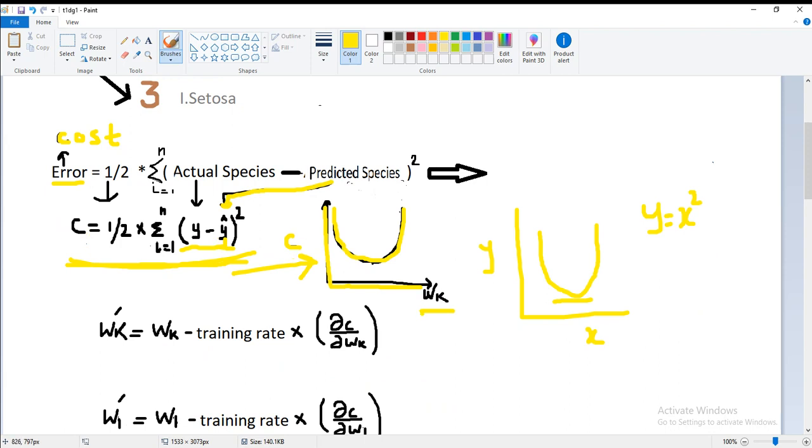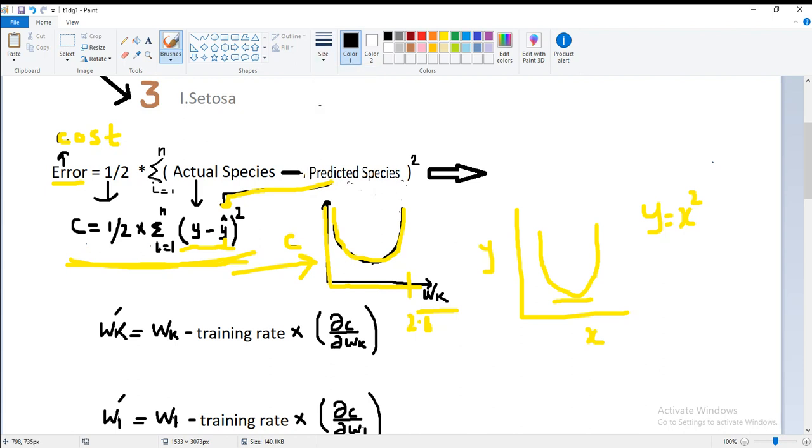And now we need to alter our weights in such a way that these weights are minimizing our cost. For instance, let's assume that we are at this point and our weight is 2.8. So let me change the color first and the brush size.